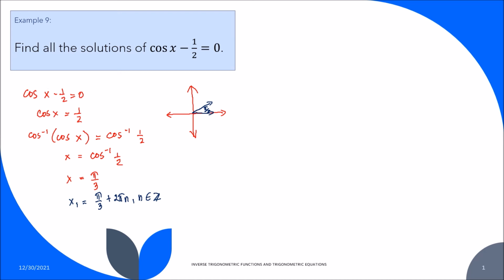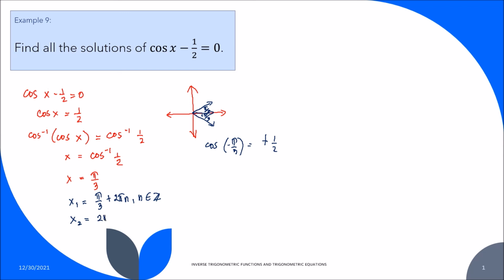Now we can also have an angle with a negative rotation, which is negative pi over 3. Take note that cosine of negative pi over 3 is also positive 1/2. So therefore, we have to get another angle.